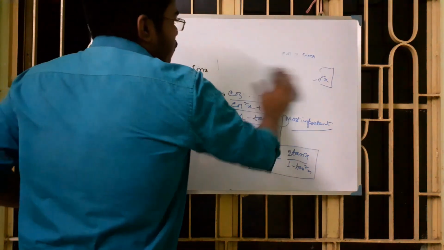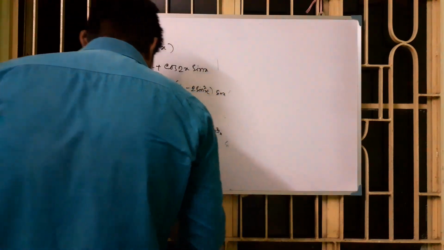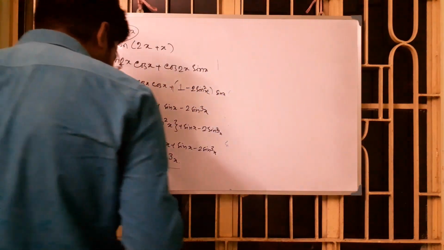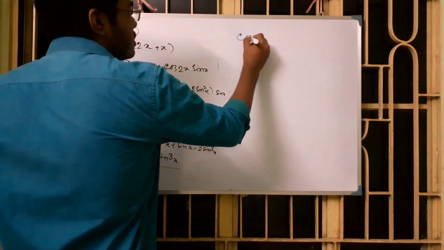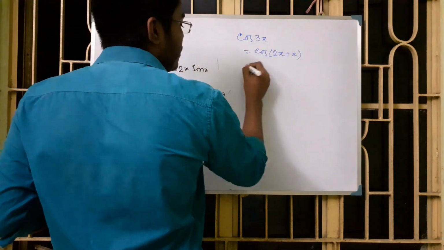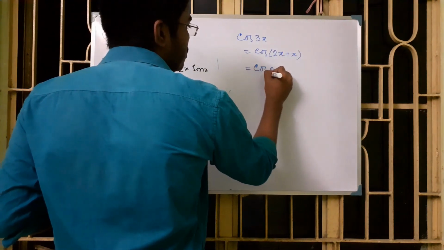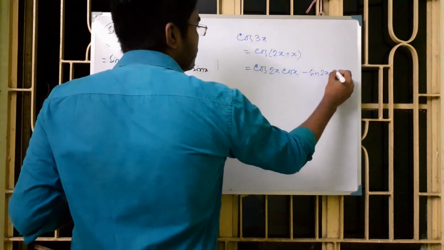Now, what is the value of cos 3x? In case of cos 3x, you have to convert every cos into cos. So cos 3x equal to cos 2x plus x, every cos into cos, every sine into cos. Cos 2x cos x minus sin 2x sin x.